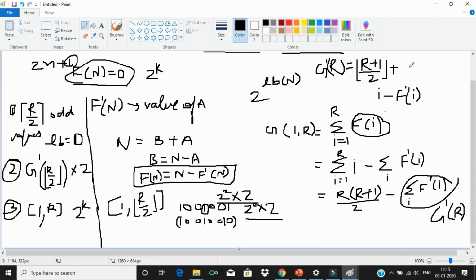Odd terms plus the contribution, which is a recursive solution of r by 2, times 2, minus the number of numbers that are in the form of 2 raised to the power k in the range 1 to r. So this pretty much sums up our solution, right? So this is g dash of r.